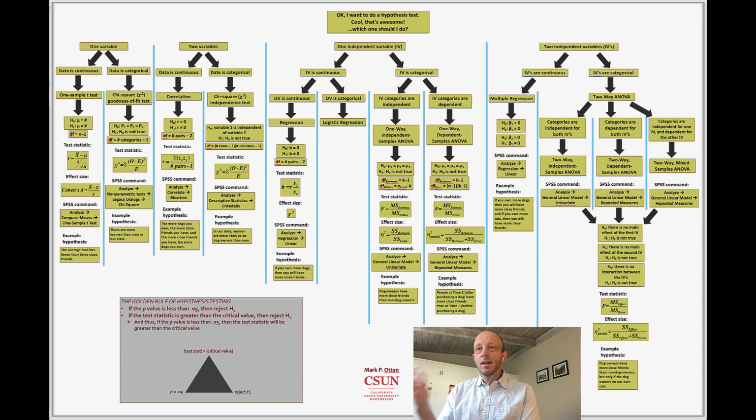That really narrows down what you've got here. You're in the center section of the chart, under one independent variable, and now you only have four options as opposed to the ten or so on this chart. So you really made a lot of progress just by answering that question alone.